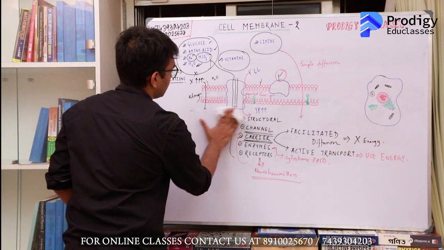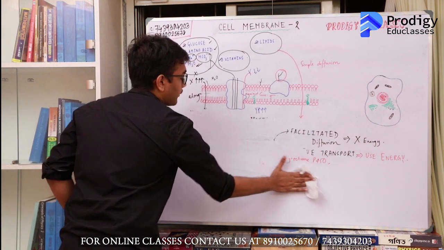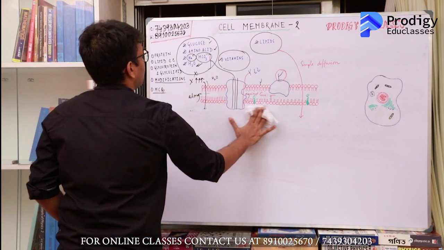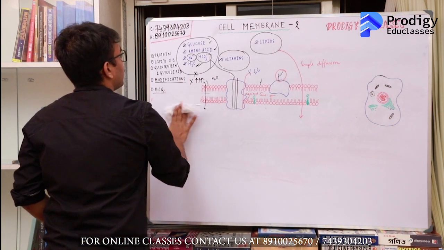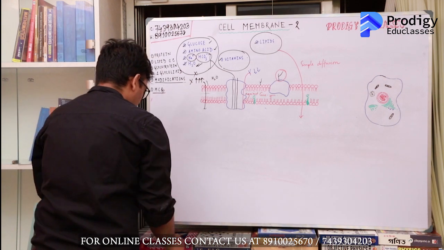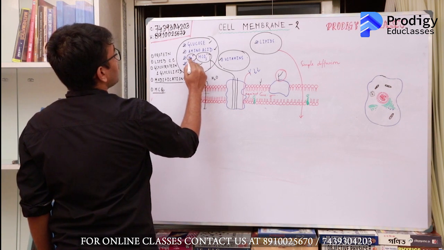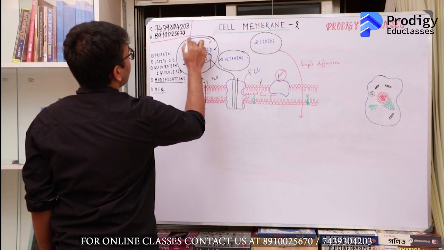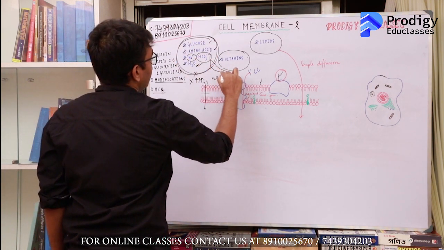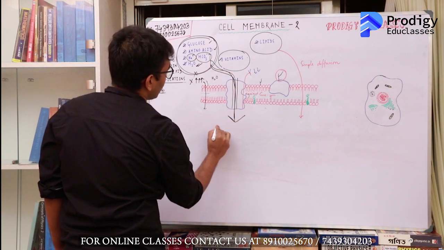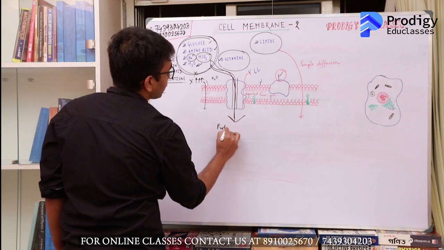Now, let me just clear it out a bit. So to sum up, you have glucose, amino acids, ions and water. All of these will come inside the cell, across the cell membrane, with the help of proteins.